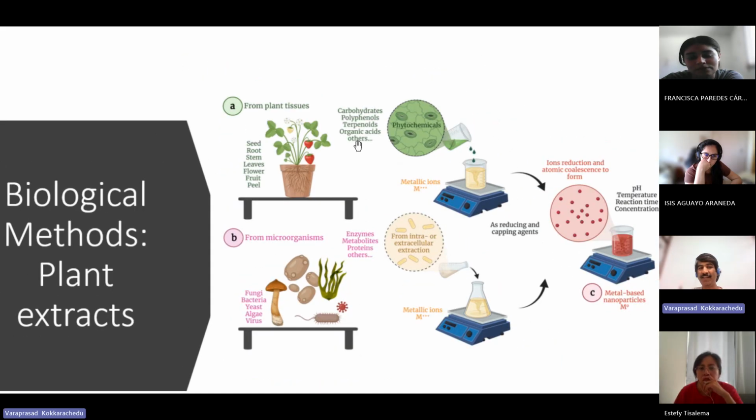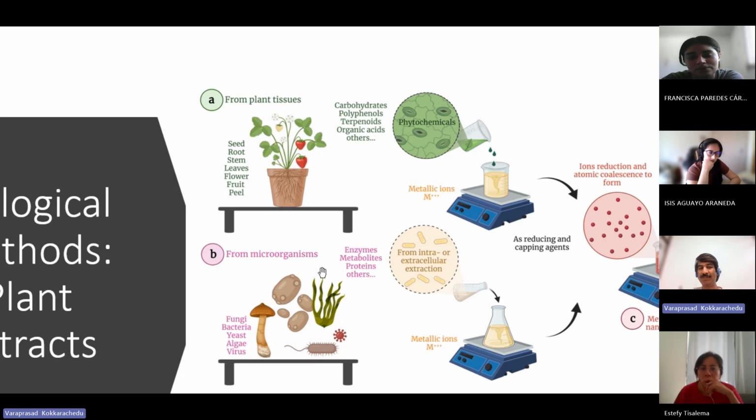And the same with biological methods: we take living systems like fungi, bacteria, yeast, algae for the synthesis of nanoparticles.